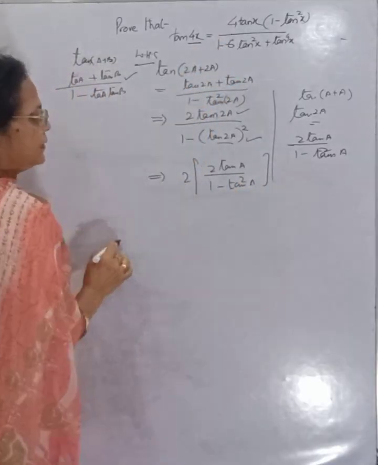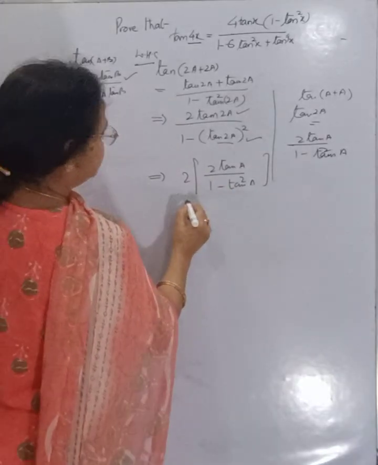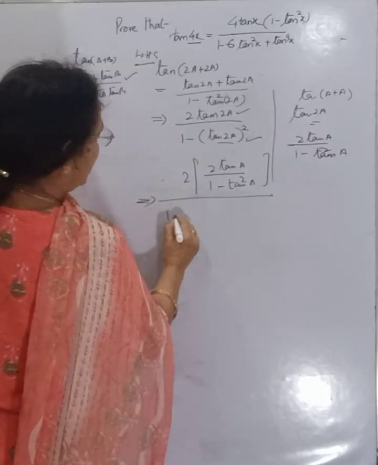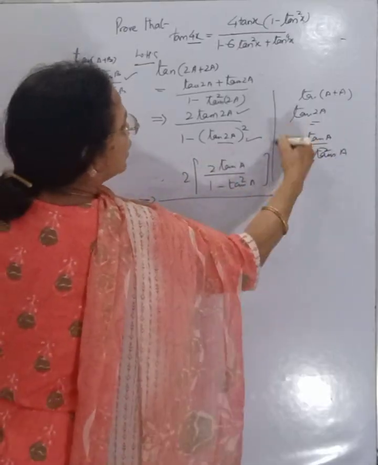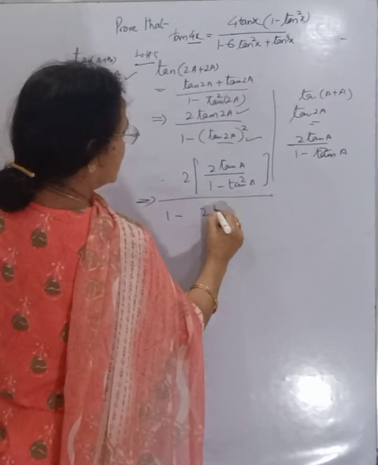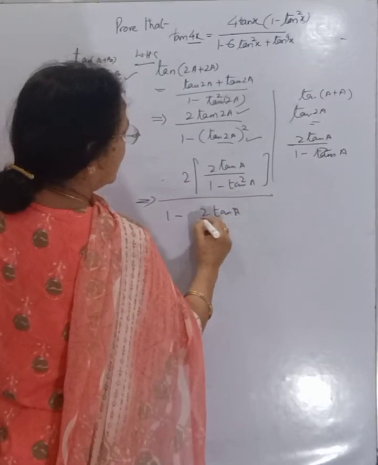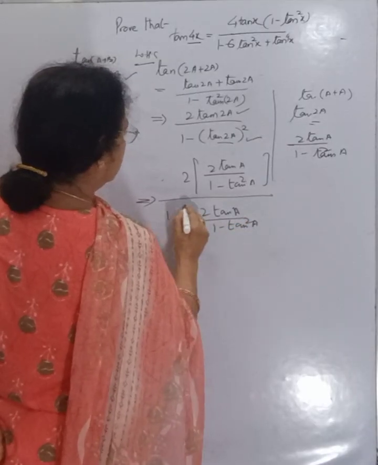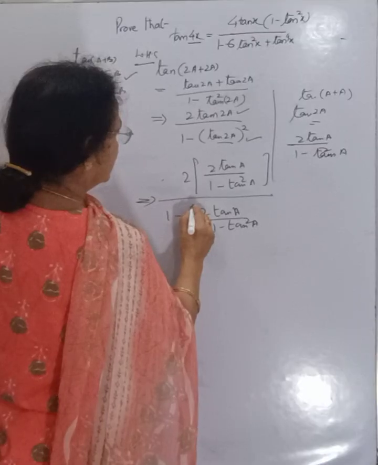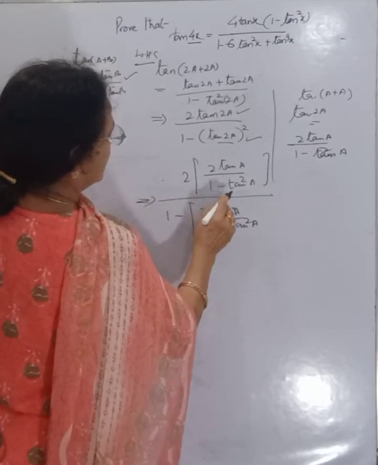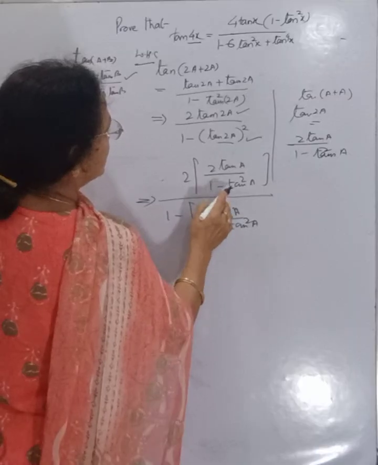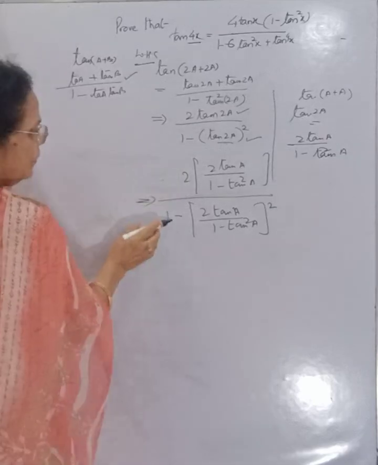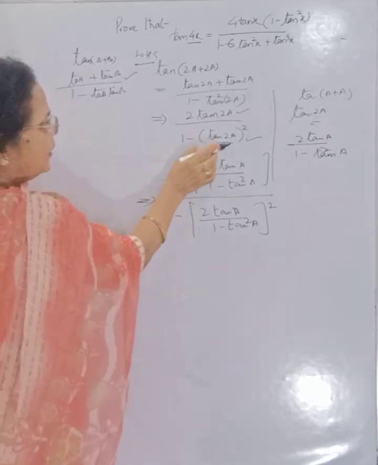So 4 comes. Okay, upon 1 minus tan 2a square, which means square of this 2 tan a upon 1 minus tan square a, the square of this whole.